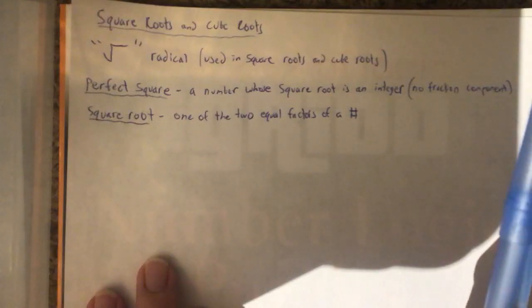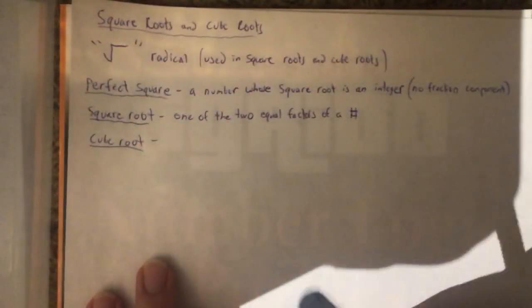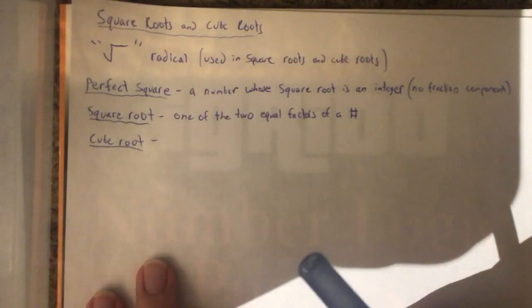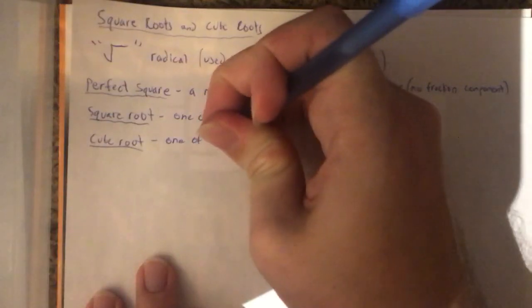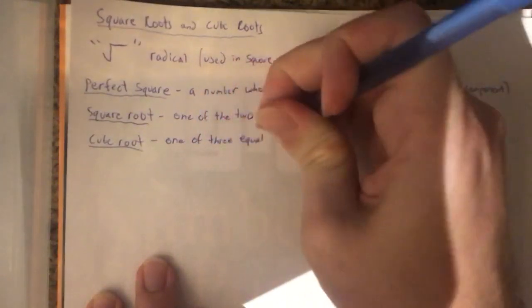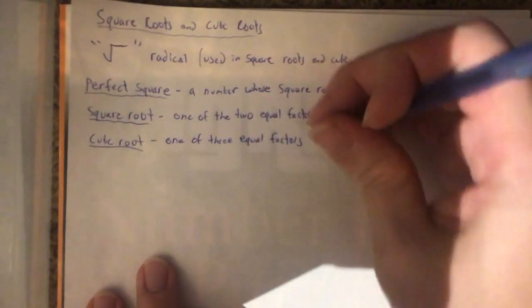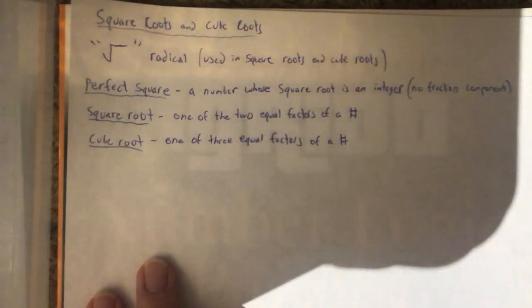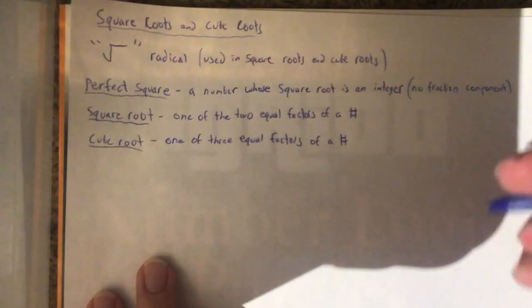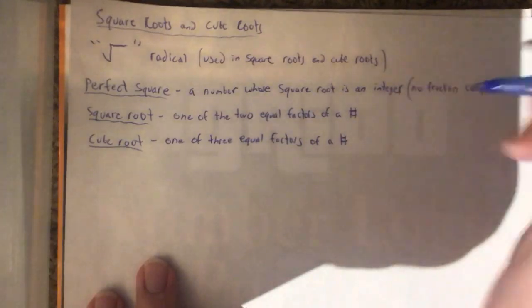The other two definitions we're going to look at are cube root and perfect cube. A cube root is one of 3 equal factors of a number. So instead of 2, it's 3 numbers multiplied together, the same number 3 times, to get your number. And this is your abbreviation for that number, just like a hashtag.